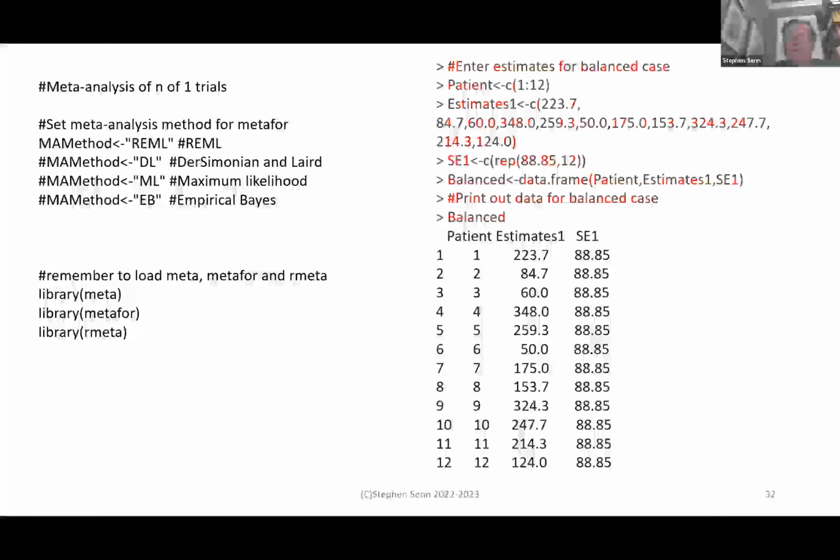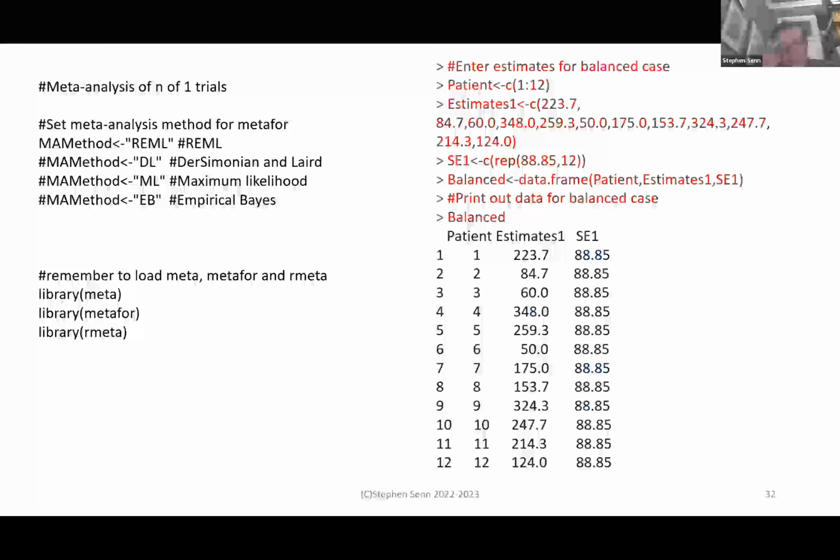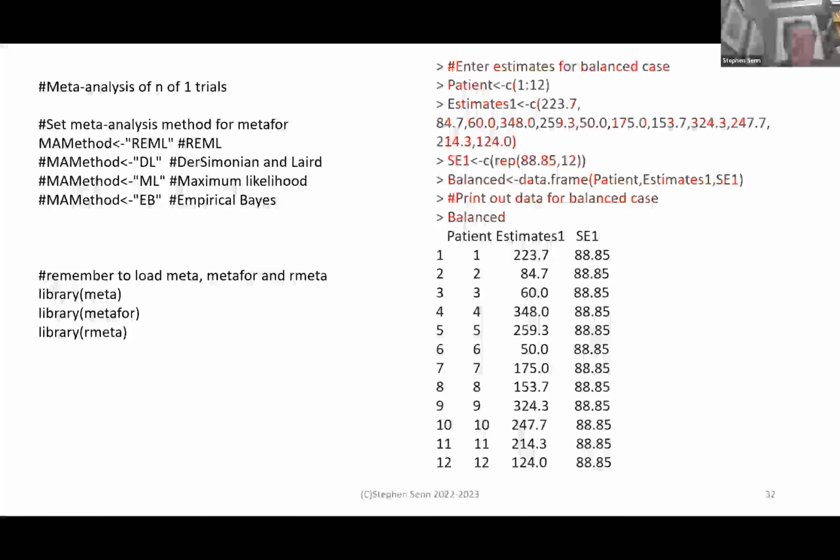So here's an example of meta-analysis. Here I'm having to use a number of different meta-analysis packages. Guido Schwarzer's excellent meta package doesn't actually include shrinkage estimators, but Wolfgang Viechtbauer's metafor package does, and I've forgotten why I've included the R-meta package as well.